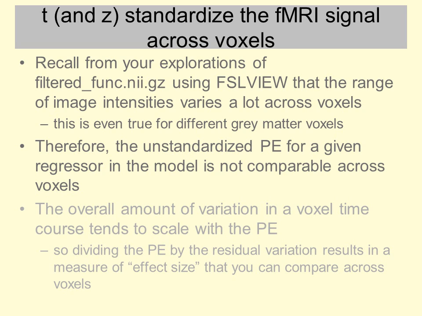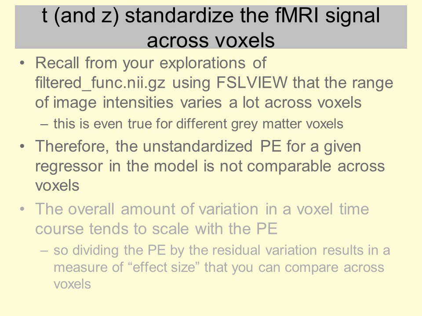So it therefore follows that if I want to compare the amount of activation for a particular experimental condition between two voxels, I can't really do it by just comparing the unstandardized parameter estimates.